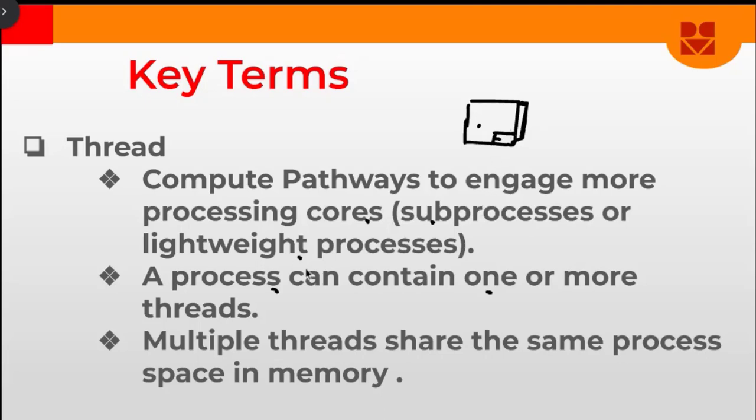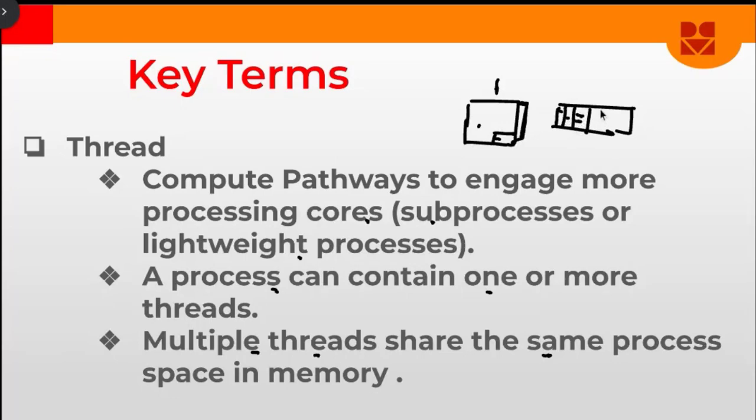Basically, that's it. And since a process can contain more than one thread, multiple threads share the same space in memory as the process. So if you have one process that has occupied a space in memory, and this process has generated like 10 threads, you've opened the browser, you open like 10 tabs, and you are downloading a movie, doing other things, it's all in the same space.